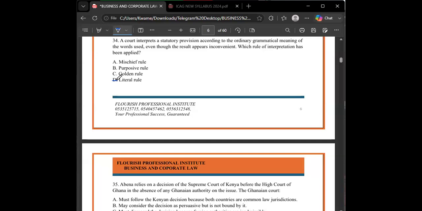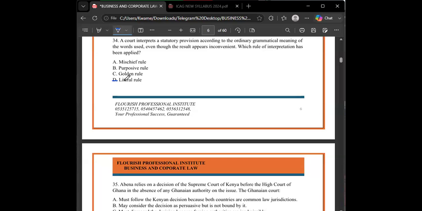So it's telling us that of the various rules of interpretation, it is up to the court to apply which one they want to apply. So even though the results appear inconvenient, the court is still choosing to go by the ordinary grammatical meaning. That statement, even though the results appear inconvenient, is there to trick you into going for golden rule.